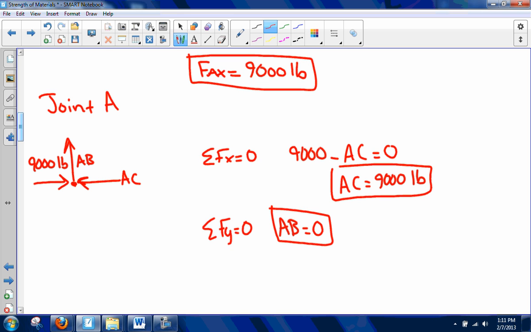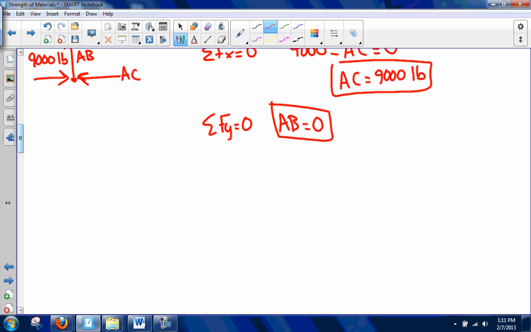All right, the next joint I'm going to go for is joint B. You can choose joint C or you can choose joint B. I'm just going to choose to do joint B this time. So I need to redraw what I've got for joint B. So joint B had FBX. It was going that way. And I already know what FBX is, so I'm going to go ahead and put its number on there instead.